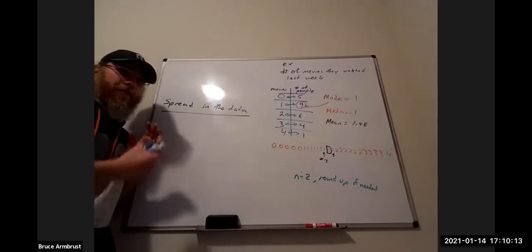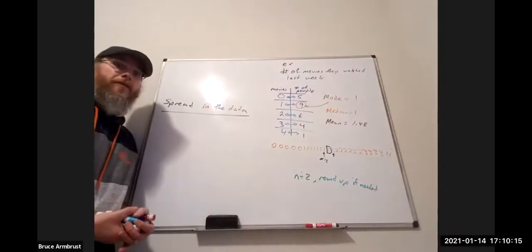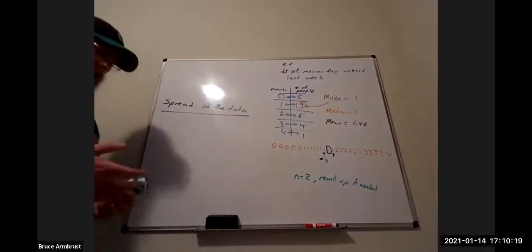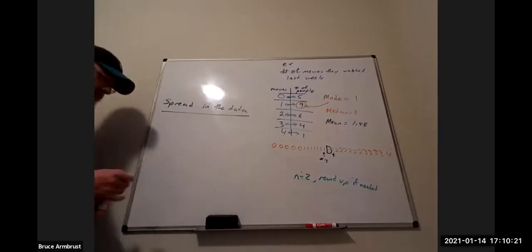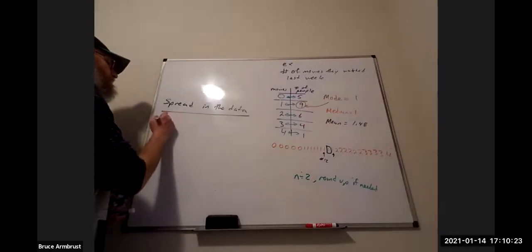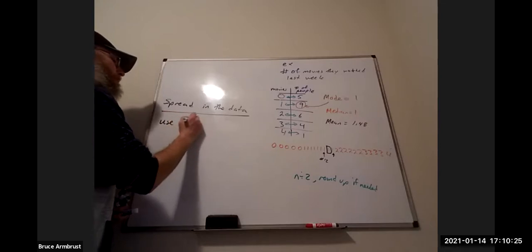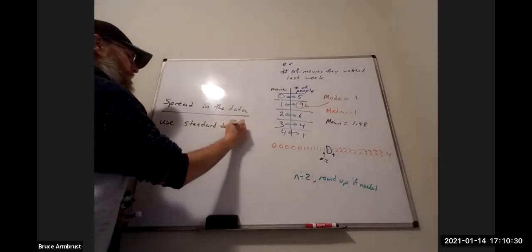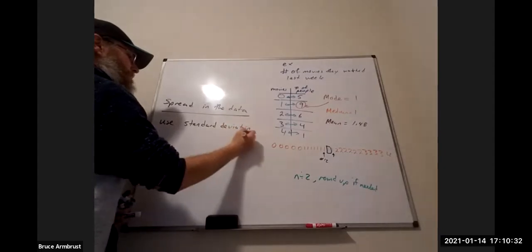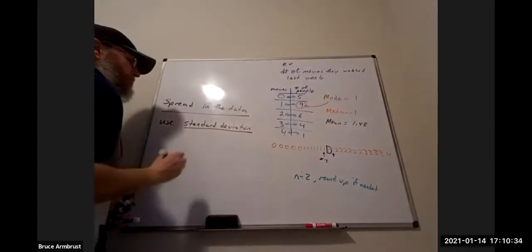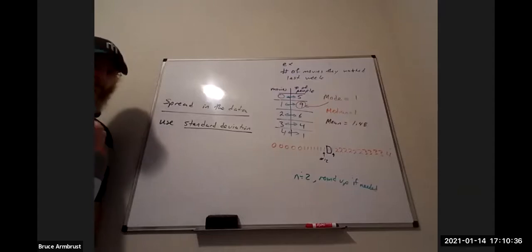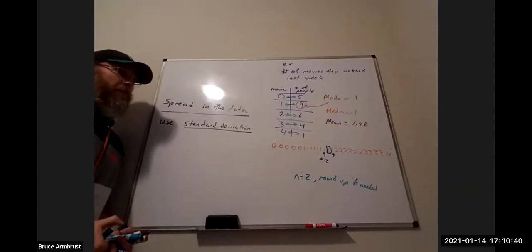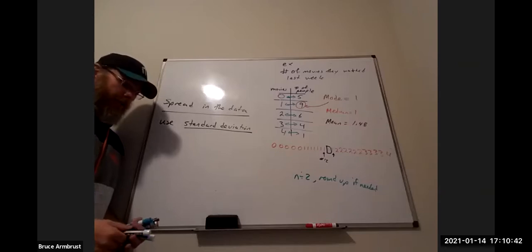Are they really spread out far? Right? We need a number that describes that. So what we're going to use is what's called standard deviation. Okay, and I will talk about what standard deviation is and how we get there, but we need to know a couple of things before we get to standard deviation.